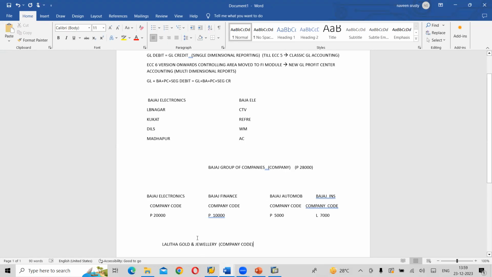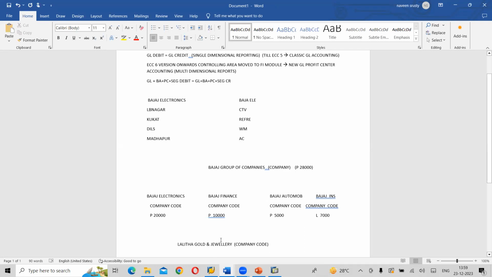Do we need to create any company now? Is it required? Do we need to consolidate anything? No, sir. Not required, right? No, because books are maintained at Lalita Gold and Jewelry only.